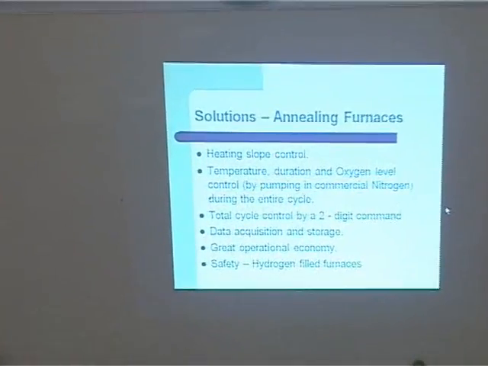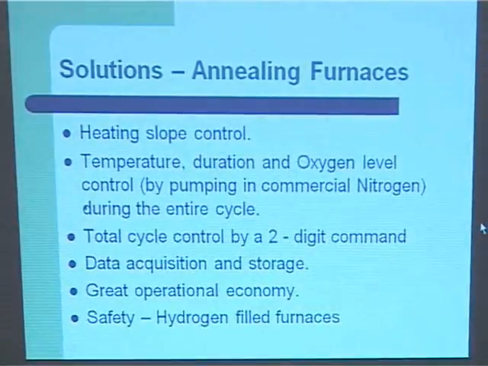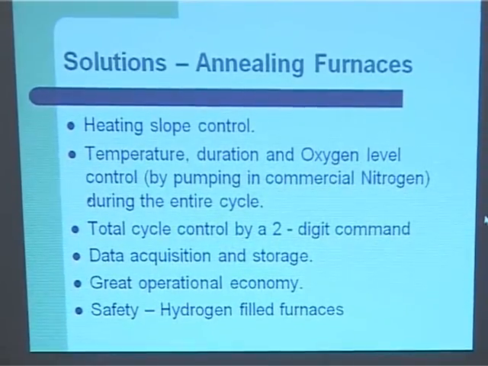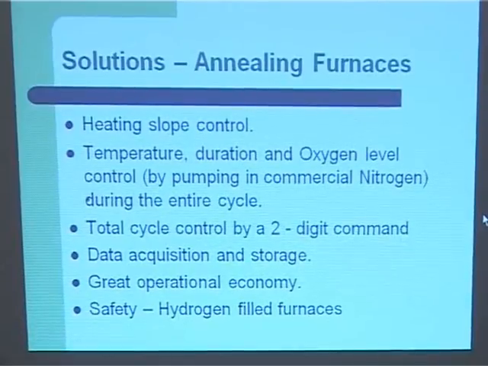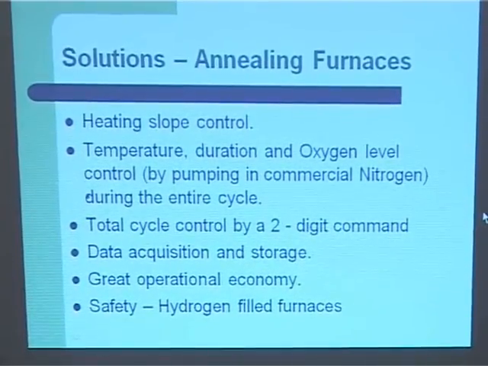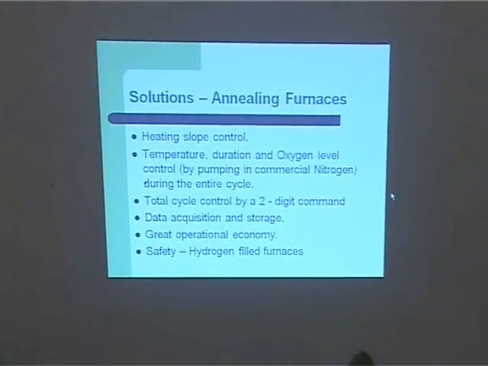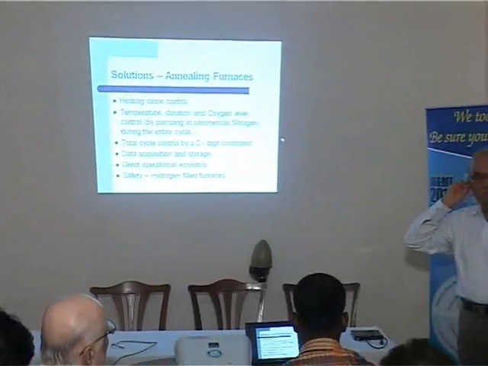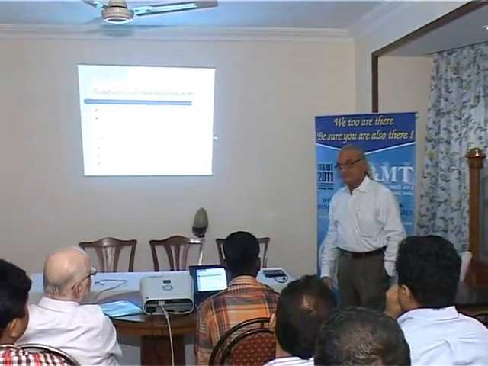In case of annealing furnaces, I think Altaker was talking about annealing also. Same thing. Heating slope control is very, very important. You do not want to give thermal shock to the job, nor do you want to force the furnace or consume additional energy. And some of the furnaces, like we have a customer near Nagpur who does hydrogen annealing.